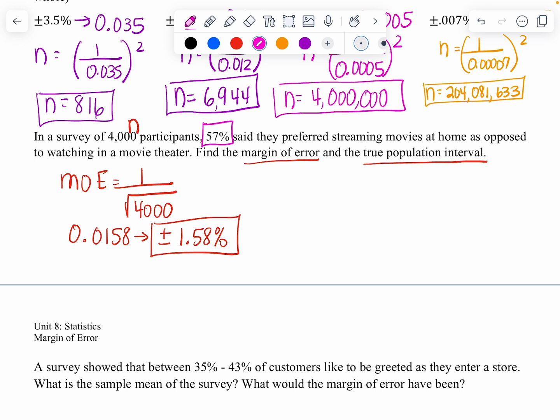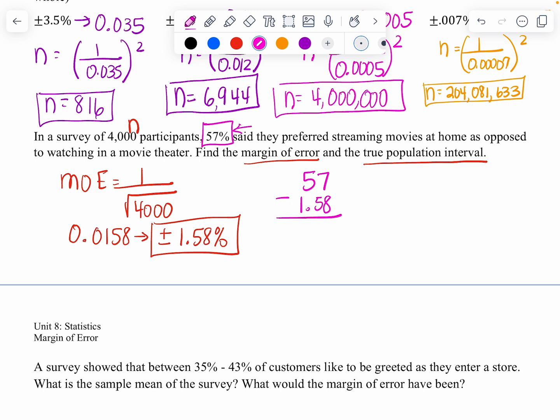So in order to find the true population interval, which is defined as an interval or a range where the sample mean is plus or minus this margin of error. So this is my sample mean. I'm going to take 57% and subtract 1.58%.